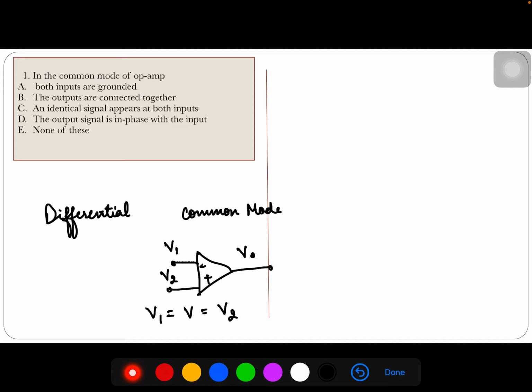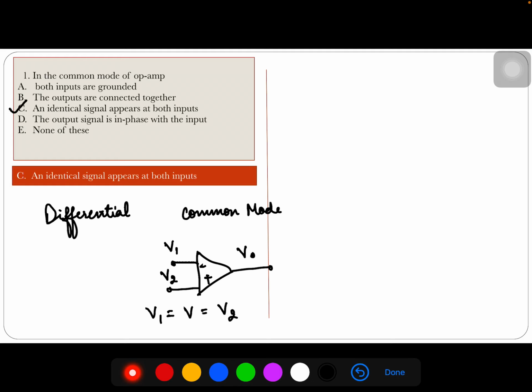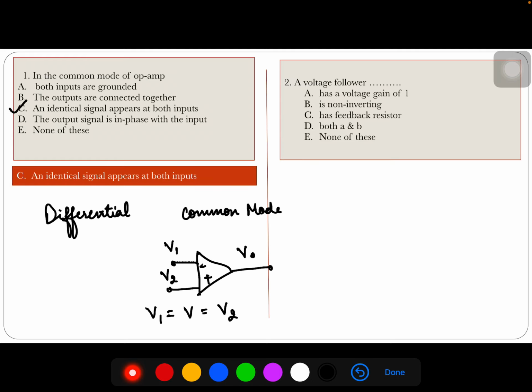If the question had been about differential mode, then V1 and V2 would be the same in magnitude but opposite in sign. So differential mode means opposite signals and common mode means exactly the same signals. So the correct option is C, an identical signal appears at both the inputs in the common mode.